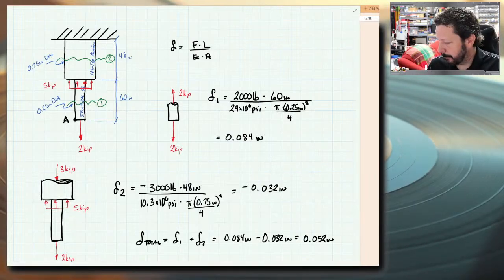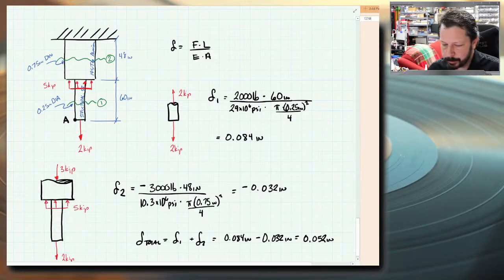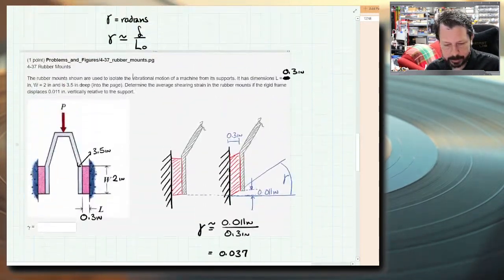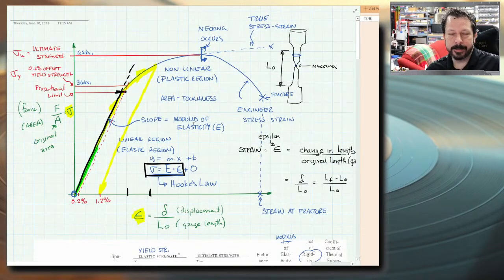So I think we're about out of time. I have opened up some WebWork problems to let you practice on this change in length, axial deformation. There is one problem in there that's a little annoying. It has you try to estimate the modulus of elasticity, and it's very picky.